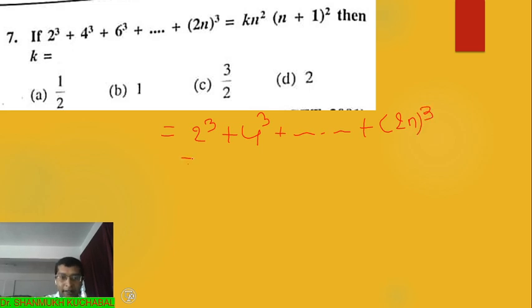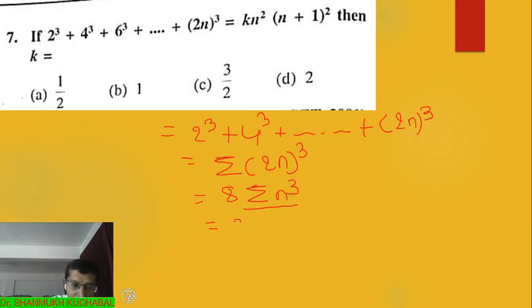This can be written as summation of 2n cube. If we simplify this, 2 cube is 8, a constant, we keep it outside, and we get 8 times summation of n cube. We have already studied that this is n square into n plus 1 whole square divided by 4.